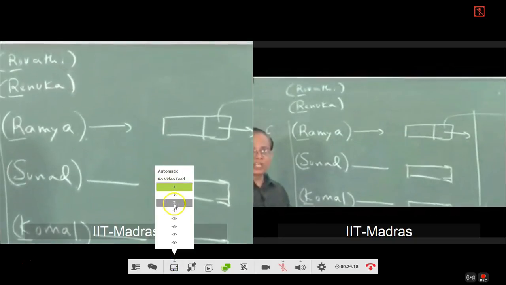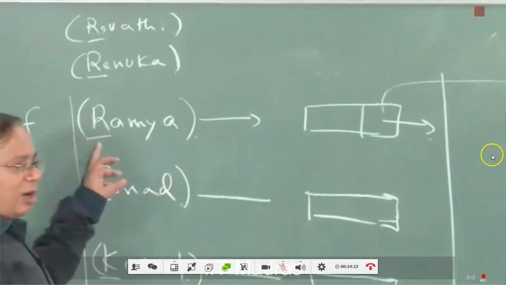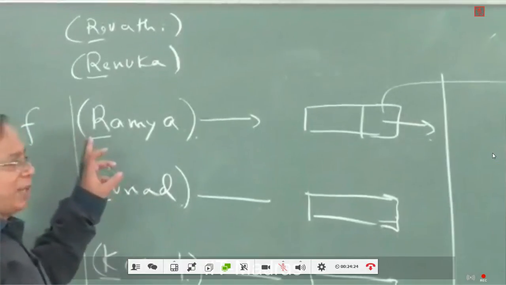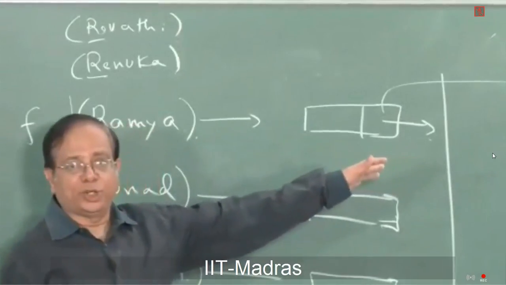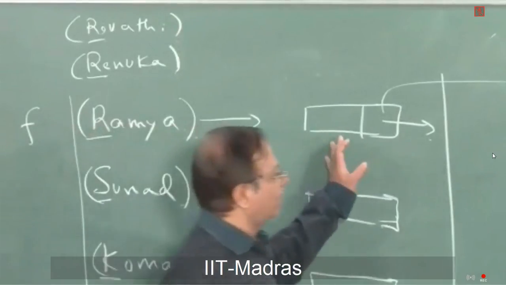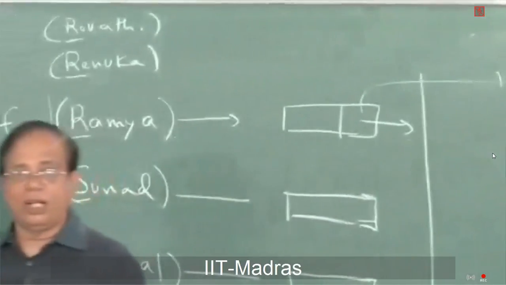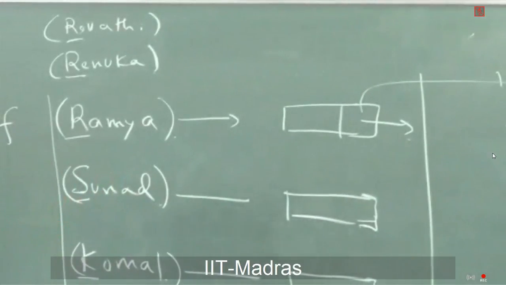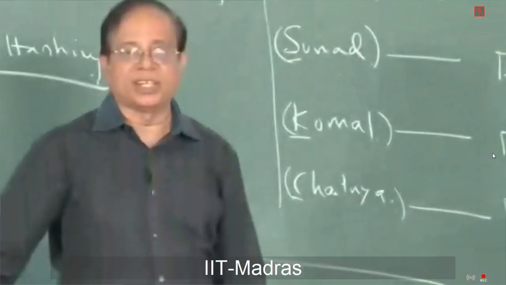As the overflow chain grows, when I want to retrieve a record with name Ramya, I don't know where in this chain it is going to be. So I need to go and search all these 3 records to retrieve the record starting with Ramya, Renuka, Revati. This is the problem with static hashing.